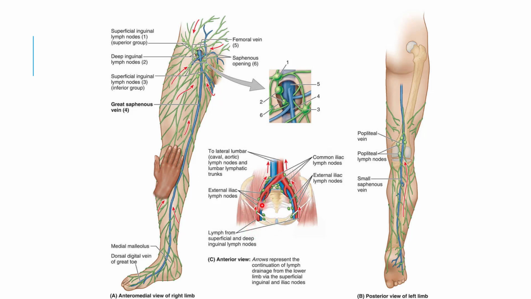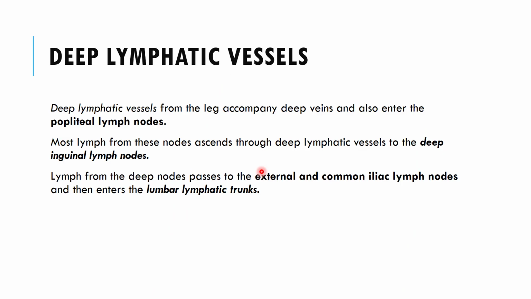Then from the external iliac lymph nodes, the lymph will drain in the common iliac lymph nodes. From the common iliac lymph nodes, the lymph will drain in the lateral lumbar or caval and aortic lymph nodes and the lumbar lymphatic trunk.